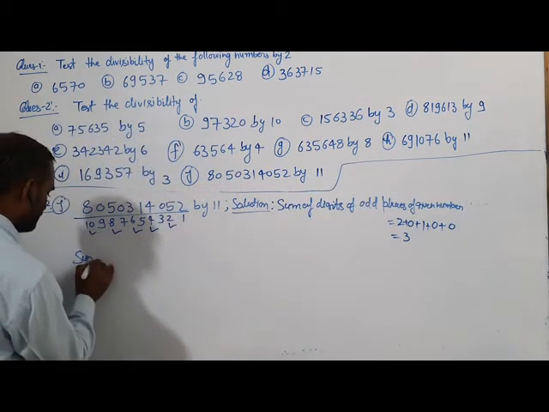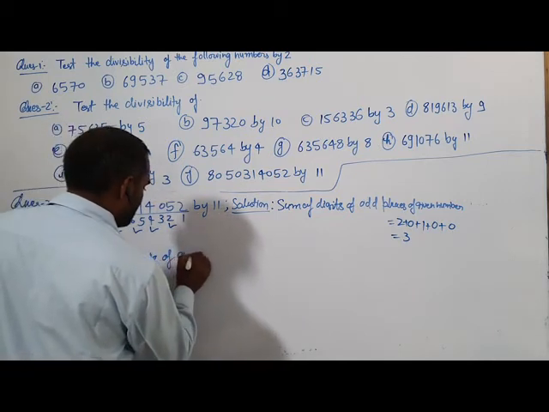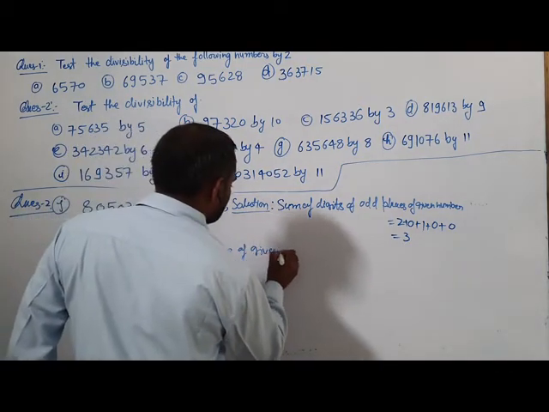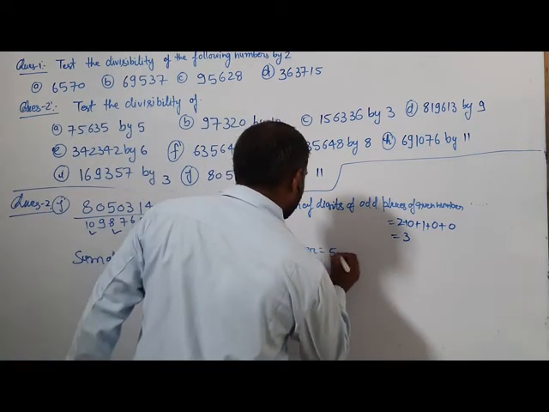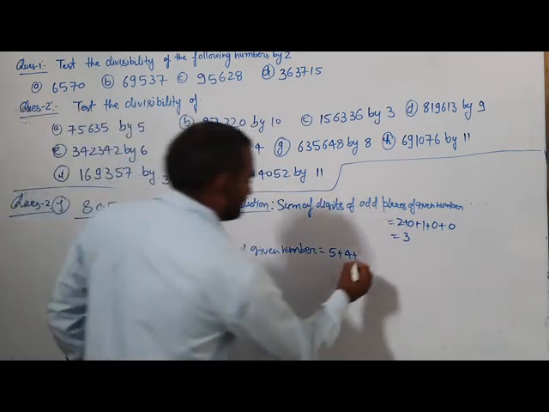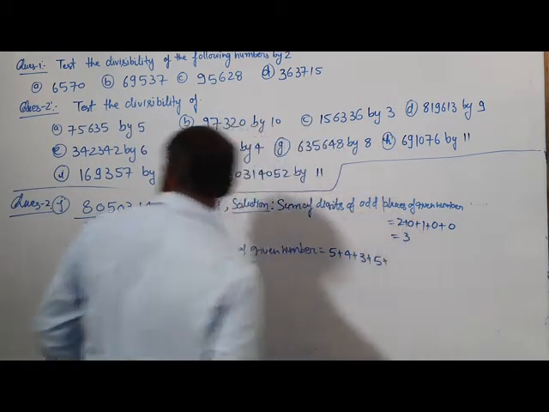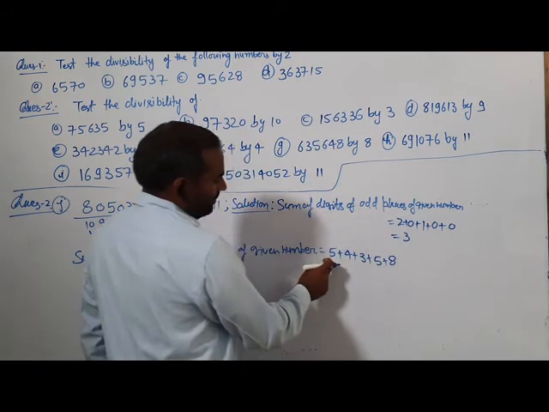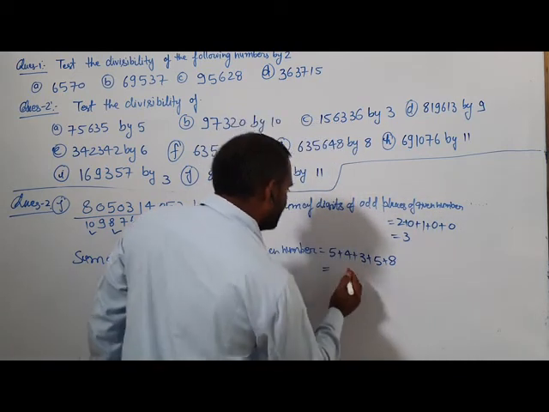Sum of digits of even places of the given number is equal to 0 plus 0 plus 1 plus 0 plus 0, which is 3, adding step by step.